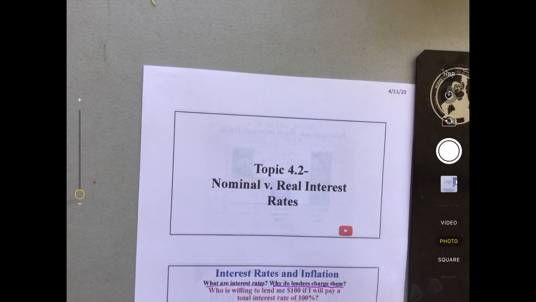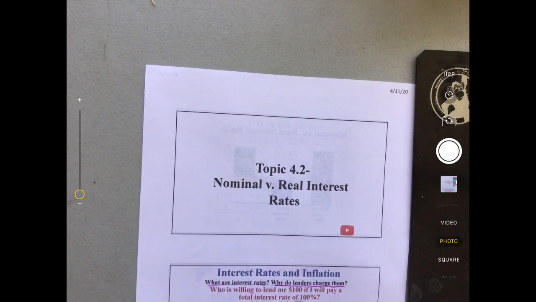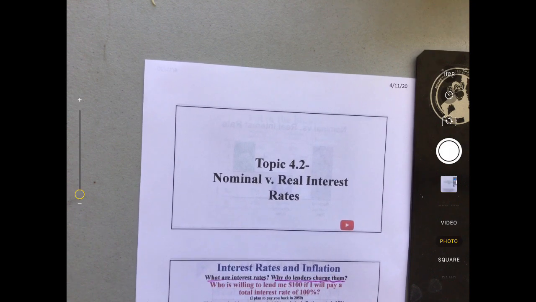So essentially you're making $100 off of loaning me $100. All right, when we read the fine print, however, when I said I plan to pay you back in 2050, a lot of hands went down. Why? Because you do not know how the interest rate is adjusting in the future.